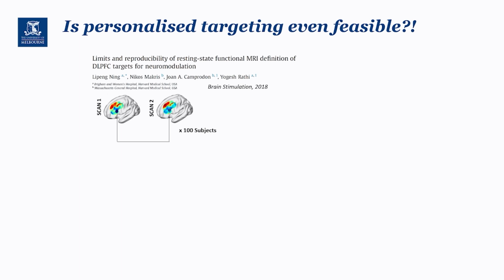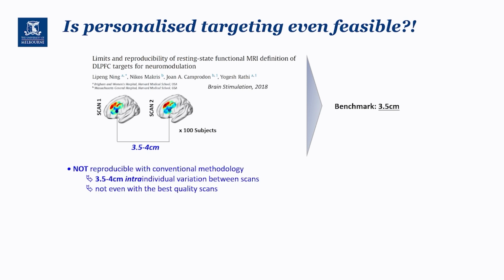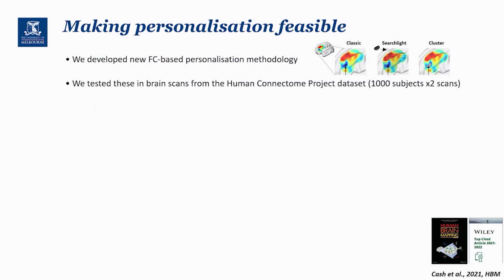There are these whole issues such as global signal regression and so on. And some of the early work in this field by Ning and colleagues suggested that we can only localize a coordinate in the DLPFC to an accuracy of around 3.5 to 4 centimetres. And this is probably not enough precision to enable personalisation, even with very high quality scans.